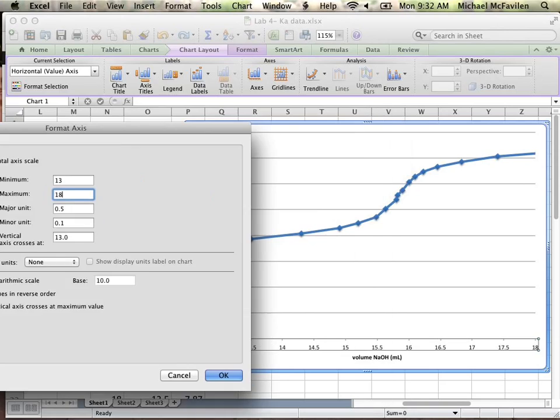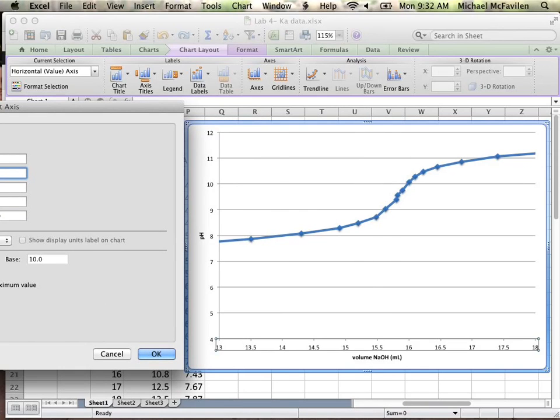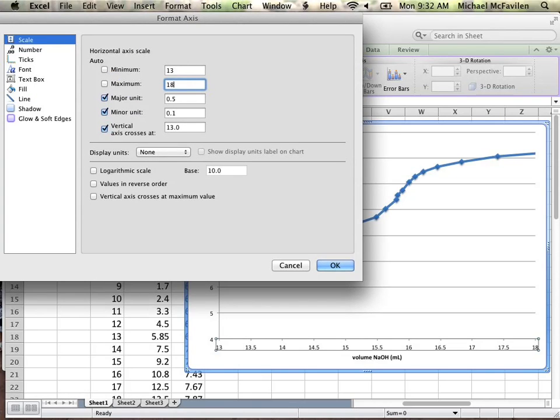If we move that box out of the way, we can now see that line a little bit better. Okay, so we can see a little bit cleaner. We can even get a little bit more accuracy on our x-axis. Because I've now zoomed in, I can also adjust the major unit demarcations so that I can get a little bit more data. That looks a little too small, so let's try that. Okay, so what we'll do is adjust that so that we can easily read it along that axis.